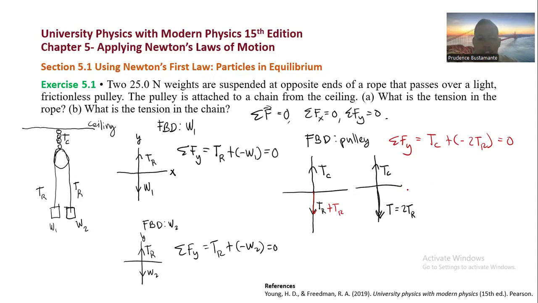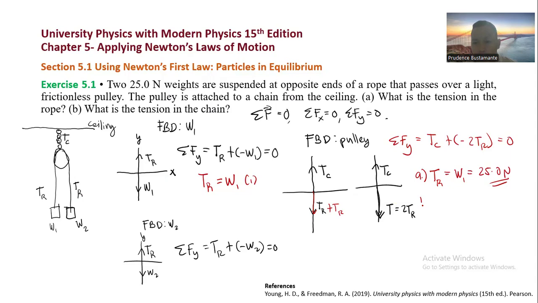To answer letter A, we can use this equation: the tension R is equal to weight 1. So the tension on the rope has the same magnitude, and is just equal to weight 1, which is given as 25.0 Newton. That's our answer for letter A.